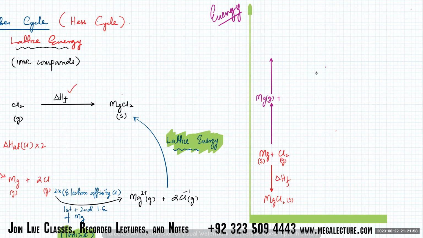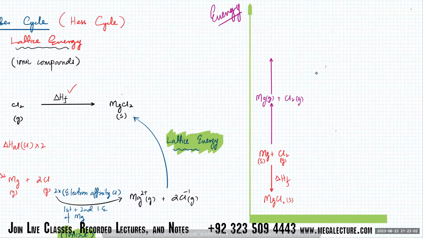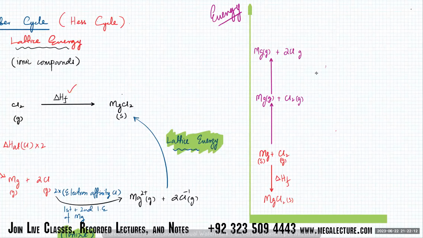I'm going to keep Cl2 as it is in the first step. In the next step, the Mg has been atomized. It's gaseous. Now the Cl has also been atomized. So this is the enthalpy change of atomization of Mg. And that's the enthalpy change of atomization.